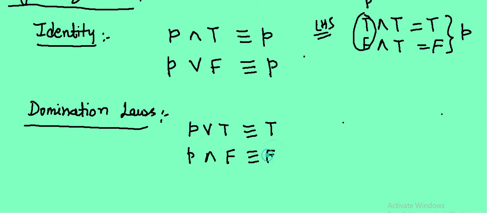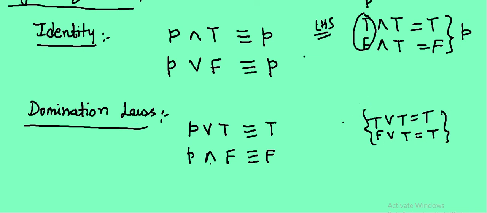Again, you can prove them by putting the values of P. You can take P as true, so true or true will be true, because if either of the values is true, then it will be true, right? And if you take P as F, then F or true will again be true because one of the values is true. So in that way you can prove these domination laws.